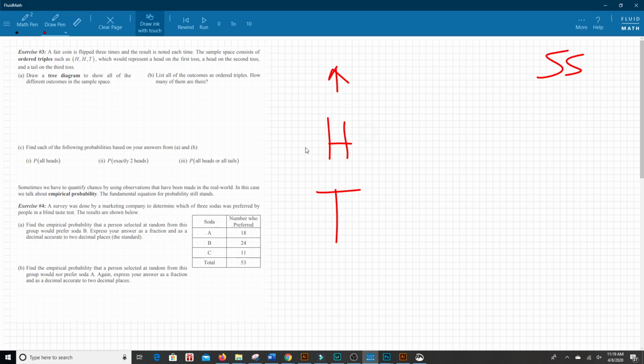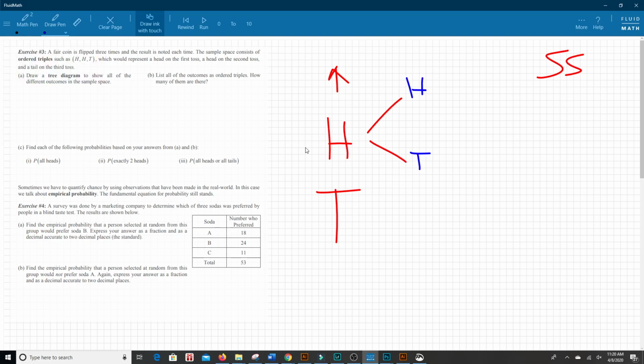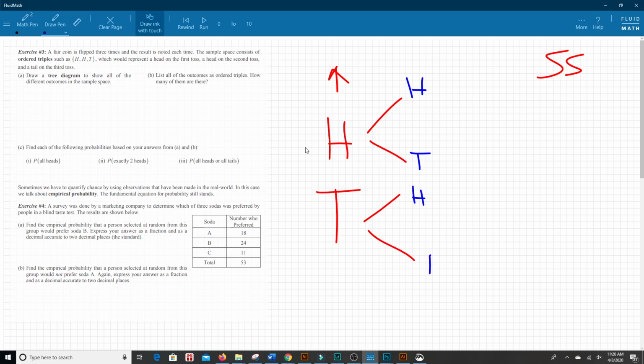So heads and tails. Then you get a result of a head. Let me draw in a different color. A head and a tail. Right here, also a head or a tail. A head or a tail. Right?